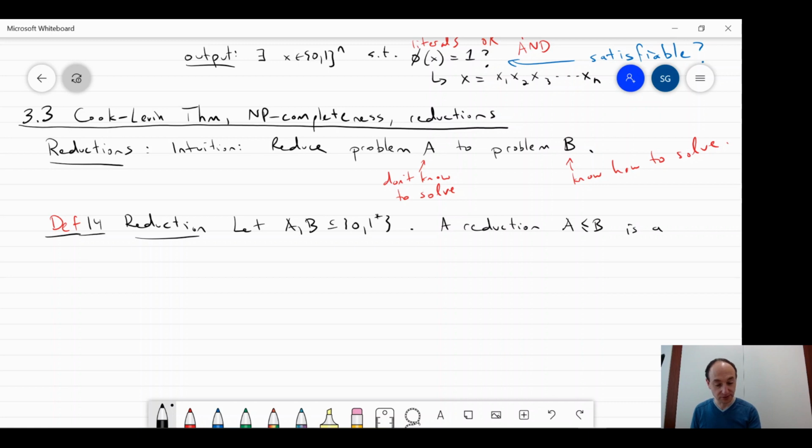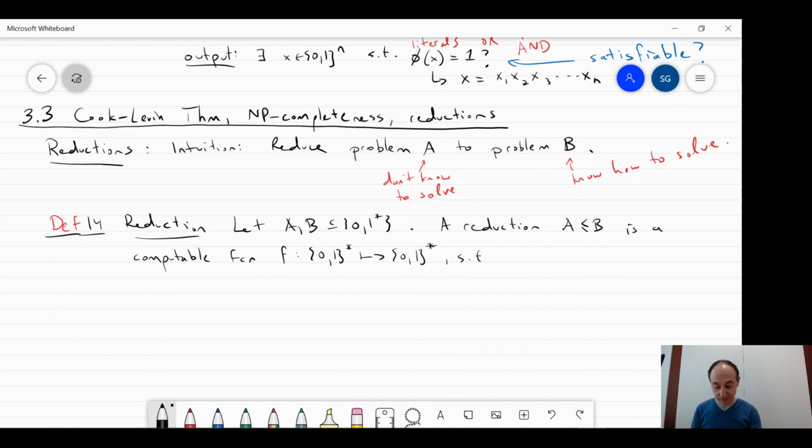It's a computable function. Computable just means that it's a function which can be computed by some Turing machine. So given the input, there's a Turing machine which produces the output. So f takes in some string, outputs some other string, right? Notice how we don't put restrictions on the lengths of these strings a priori.